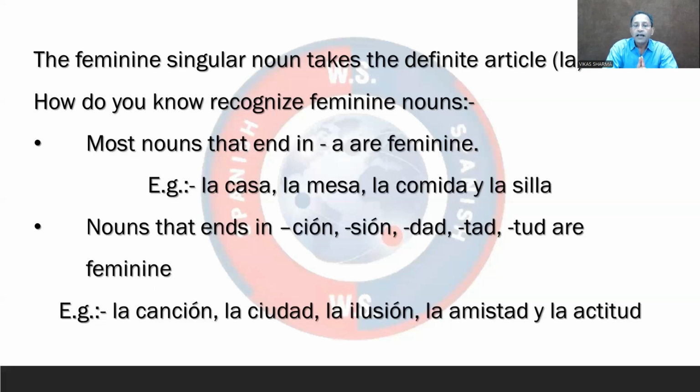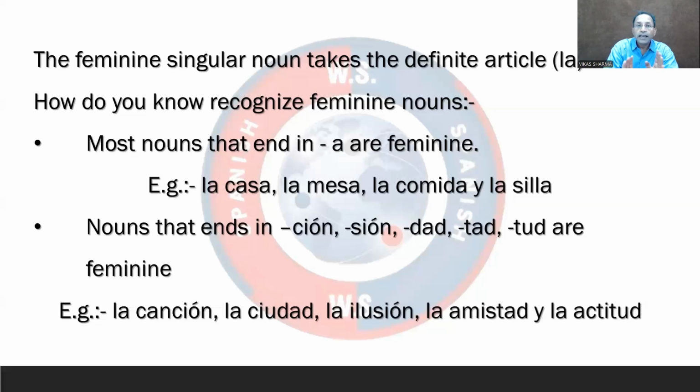Next hint. Nouns that end in -ción, -sión, -dad, -tad, -tud are all feminine. So these are the hints which you can always use to recognize a noun. Example, la canción, la ciudad, la ilusión, la amistad, y la actitud.